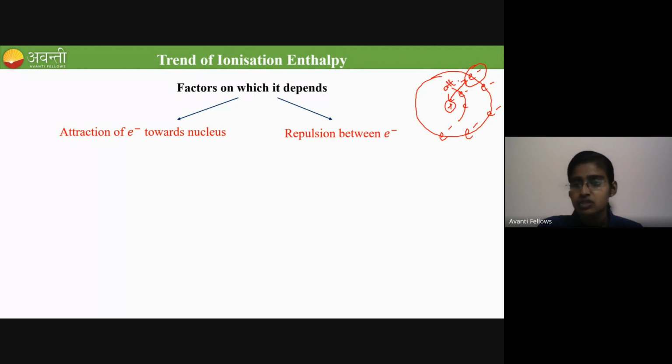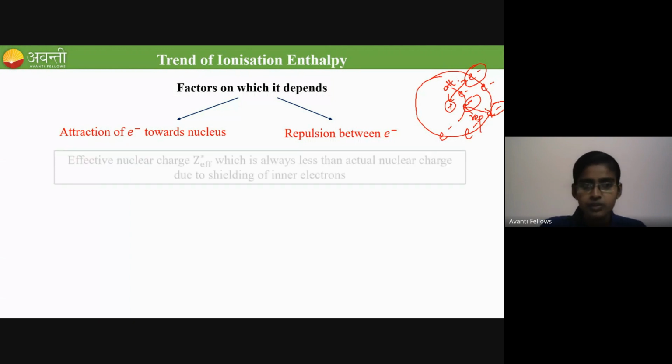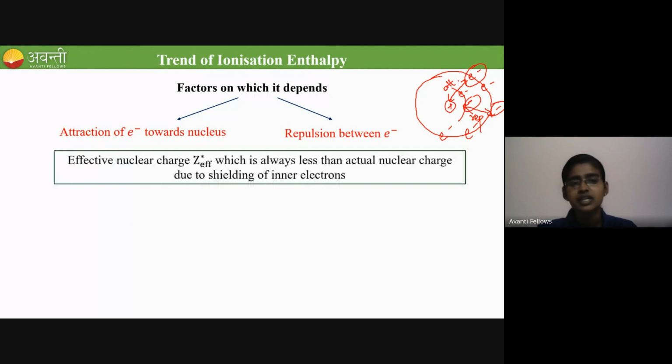And there will also be force of repulsion between the electrons, between the inner shell and outer shell electrons, since both have the same charge, that is negative, force of repulsion will act. So these two forces will act in an atom. Now, because of this, the effective nuclear charge is always less than the actual nuclear charge due to the shielding of inner electrons.